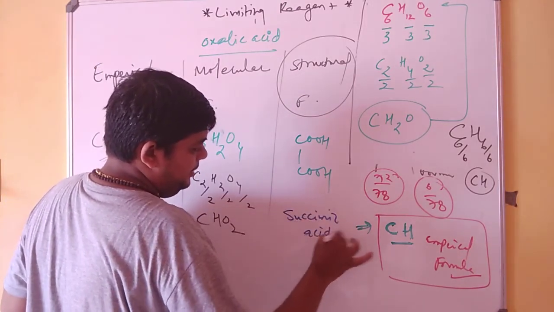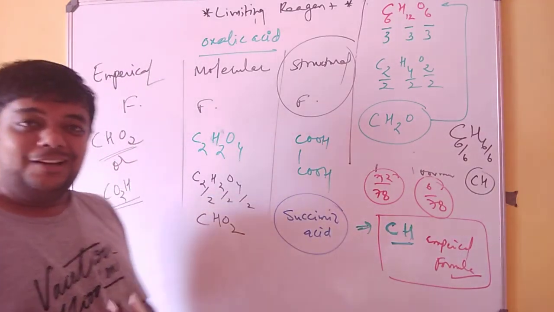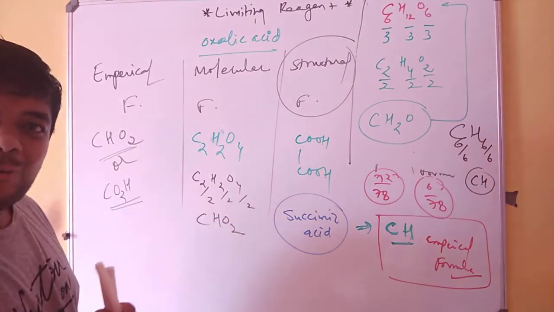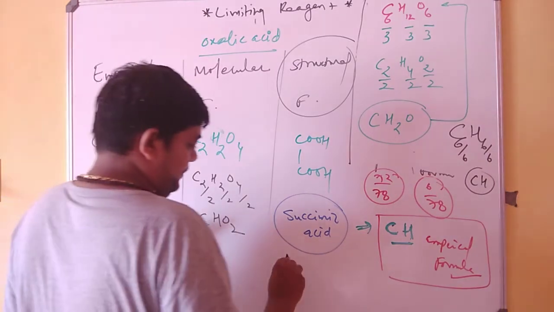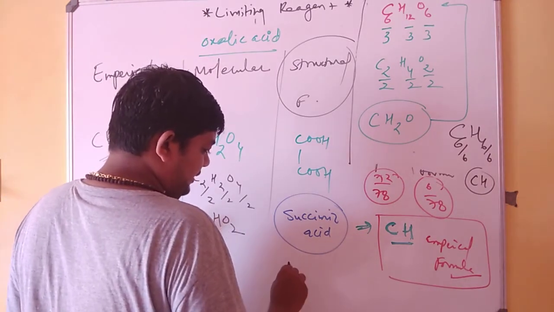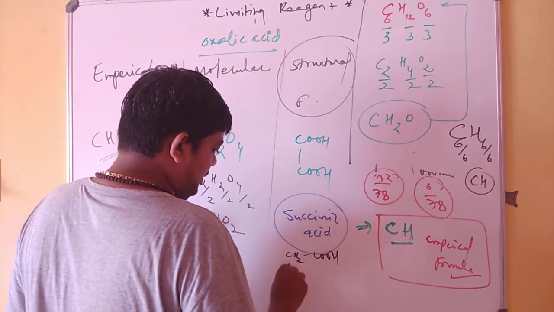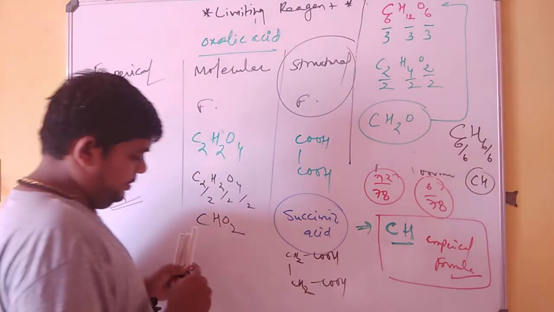Succinic acid. Now you will come up with another doubt in your mind: what are the structures of all these acids? I am going to take a very lucrative talk in the coming days and there you will know all about it. When I say succinic acid, it is CH2COOH, CH2COOH.